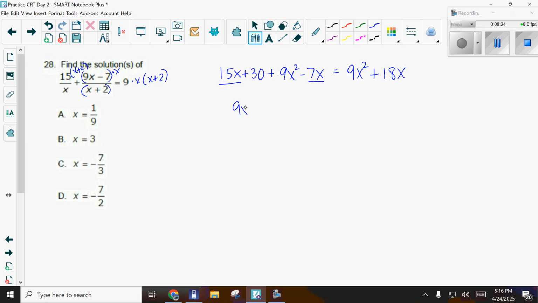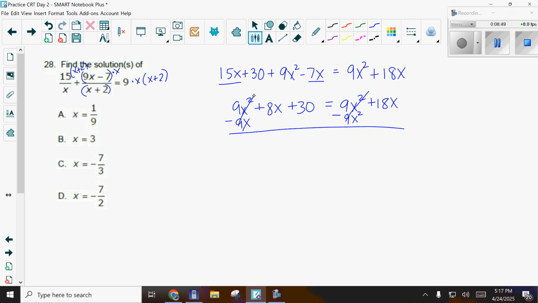So I'll leave the 9x squared in the front. What is that? 15 take away 7 is positive 8. So I'm going to put positive 8x and then 30. Then I'll have my 9x squared plus 18x. And then I'm going to subtract 9x squared, and this actually works out nice because now we don't have to worry about those guys anymore.